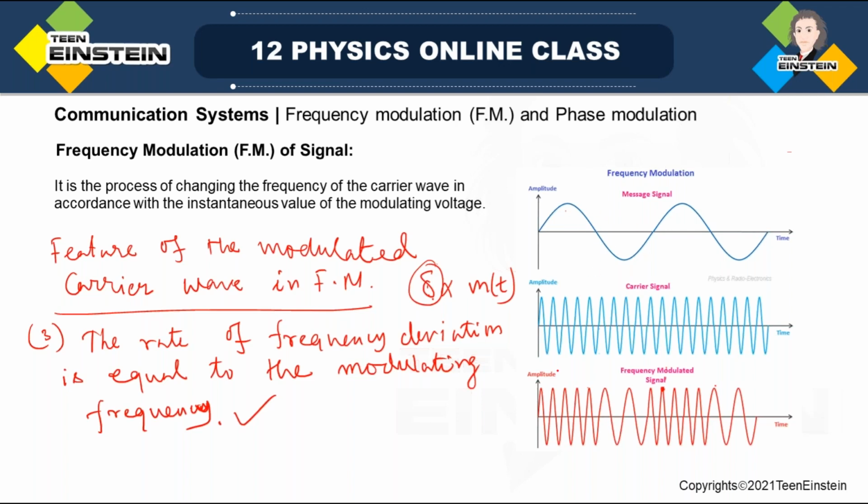But in this case, you have to remember the carrier wave retains its amplitude. If this is plus A and this is minus A, then it is the original amplitude actually. So the carrier wave retains its amplitude. Only changes happen in the frequency.